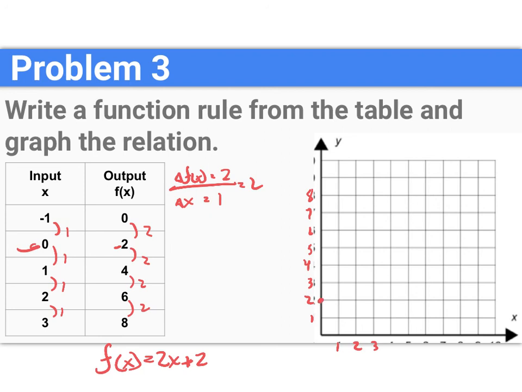At x = -1, y is 0, so it'll be down here somewhere. And I'm just guessing based off the graph. 1 is at 4. Or maybe it's a little bit over. 2 is at 6. And then 3 is at 8. And so your line is going to come down through there, just like that. So that is graphing.